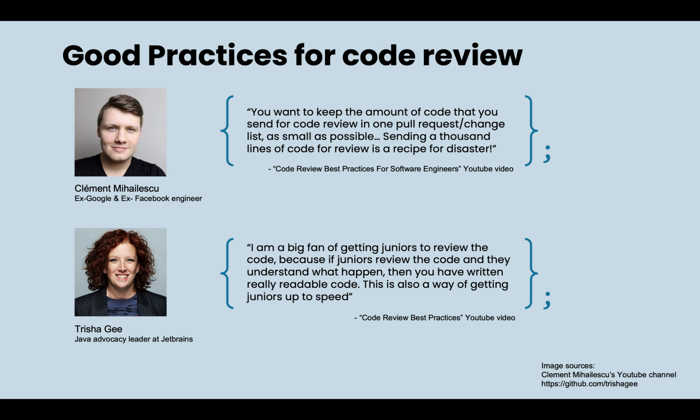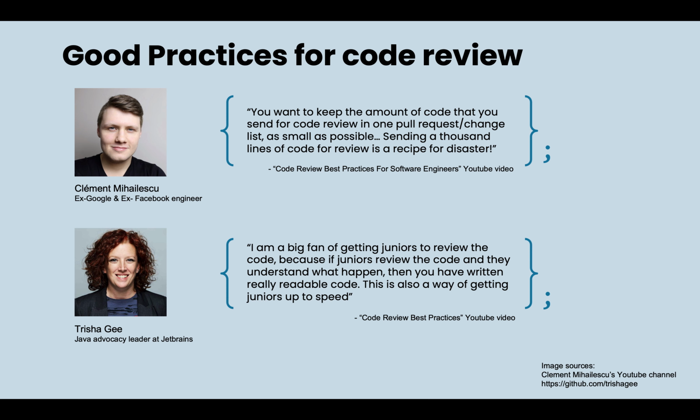It is very difficult for reviewers to receive a pull request that has thousands of lines of code, as it is much harder to find bugs in it, and this in fact hinders the whole intention of the review activity. The best thing to do is to limit ourselves, and for that, Clement says we should aim for submitting a range of 10 to 100 lines of code for review.